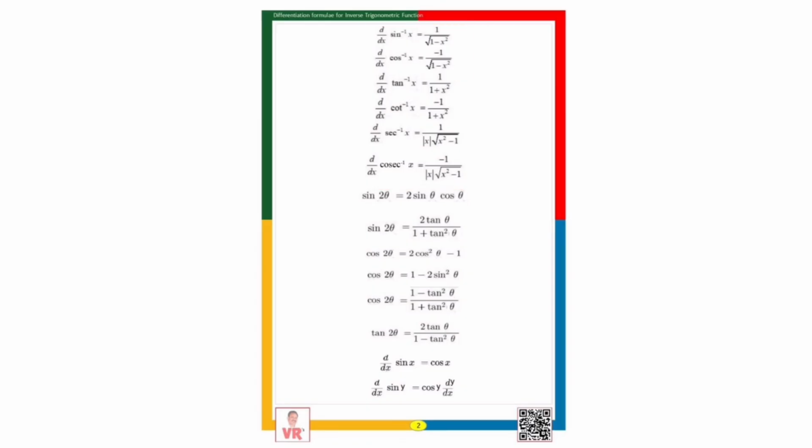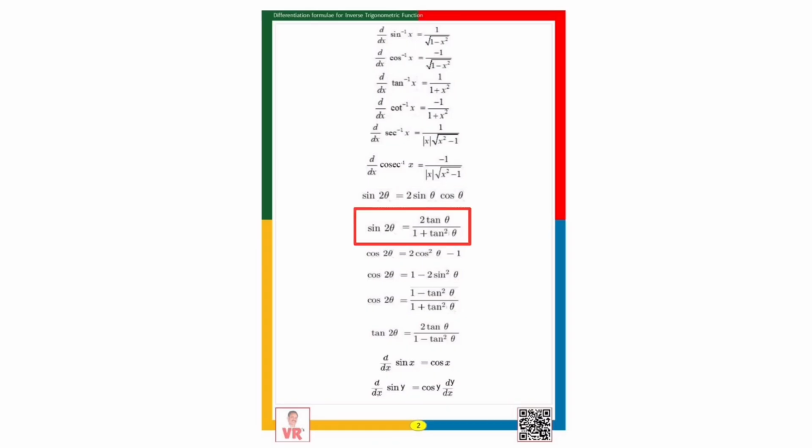Some more trigonometric formulae to keep in mind. Trigonometric formulae are most important to keep in mind for this specific exercise. Sin 2 theta equals 2 sin theta cos theta.